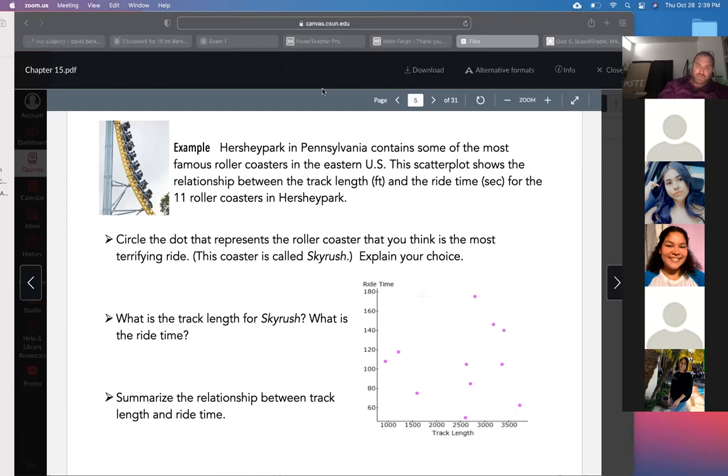It has an incredibly long length compared to everything else. It's the longest lengthwise and shortest time, which means you have the fastest speeds. Does everyone see that? Everyone agree? Yeah, that's probably the most terrifying, all else being equal.